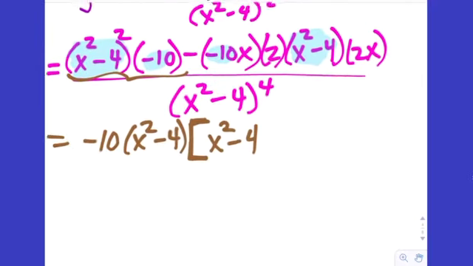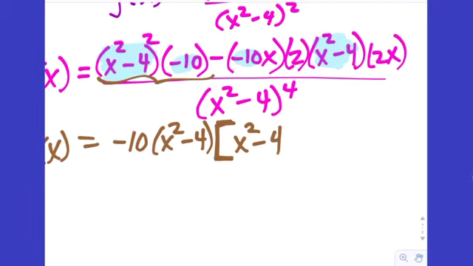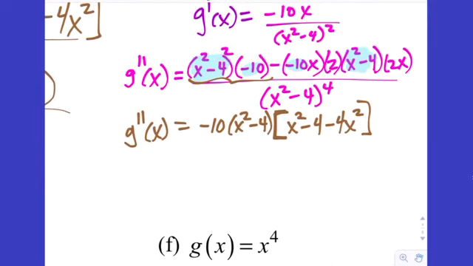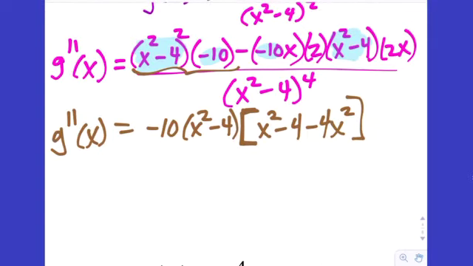And in the back, we're left with everything that's not highlighted, which is going to be a 2x times 2, which is 4, and a 4 times a negative x is a negative 4x squared. Negative 4x squared. You've got to be careful with that. Negative 2 times 2x is negative 4x squared. All over x squared minus 4 to the fourth.